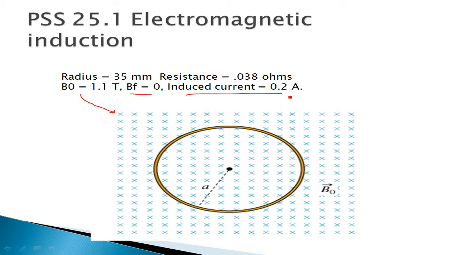So I believe the first question is which way will the magnetic field that is induced as a result of the induced current flow be pointing when the external field turns off?